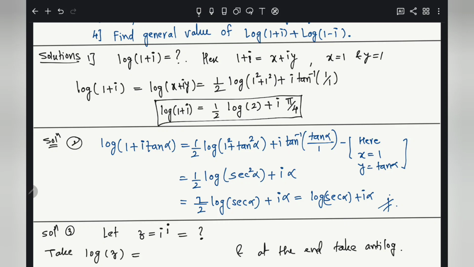So this is the idea: first we take the log of the complex number and solve it, and at the end, to get z, we take the antilog. This is the idea to be used. So let's very quickly find it. Here, let z be i raised to i, and take log on both sides.